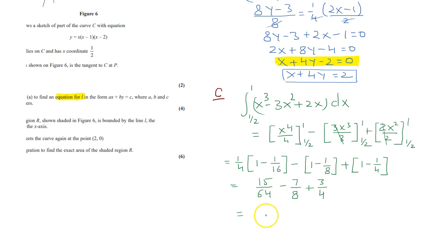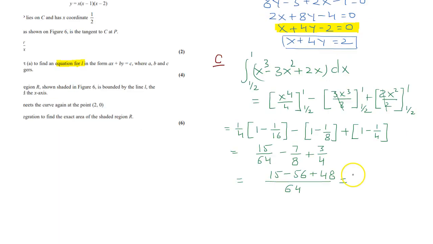So let's take LCM as 64. So this is 15 minus 8 times 8 is 64. So multiply both by 8, that is 56, plus 4, 16 times 4 is 64, that is 48. So this is 7 over 64.